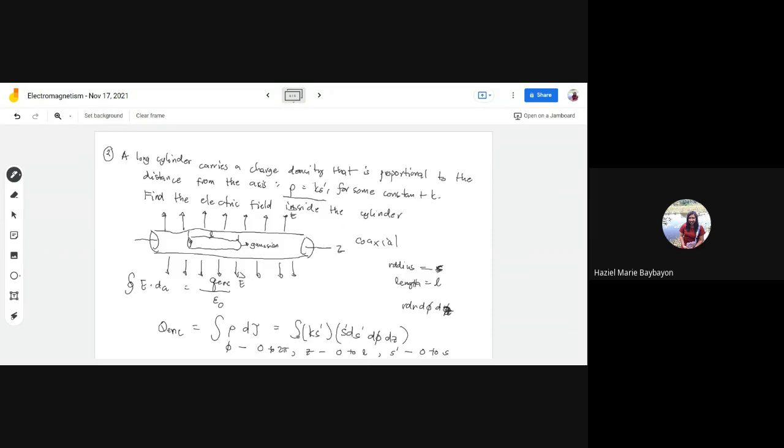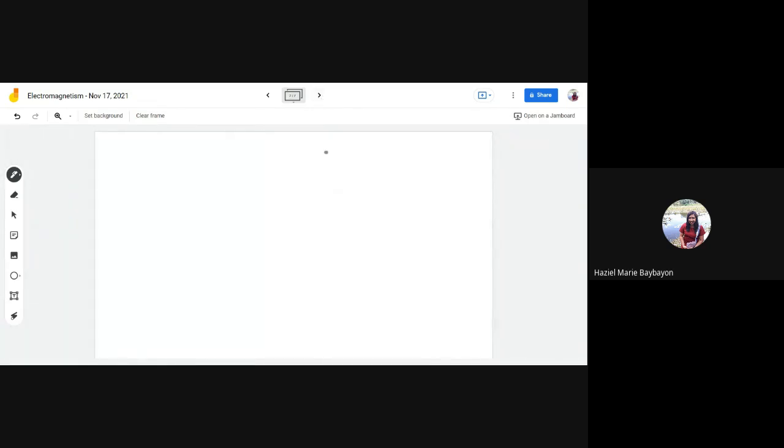So we will now evaluate this. Q enclosed is equal to k, which we can take out of the integrals.